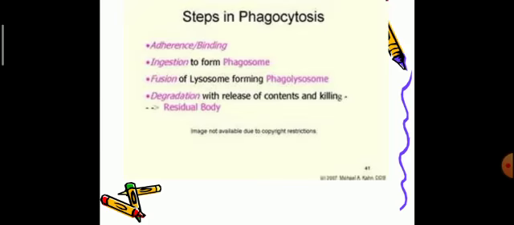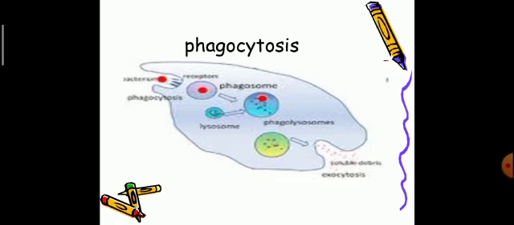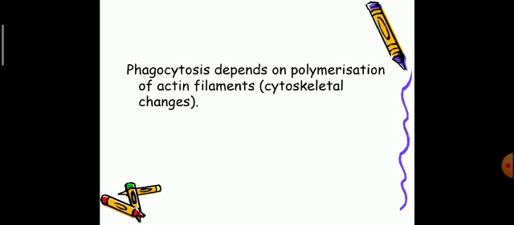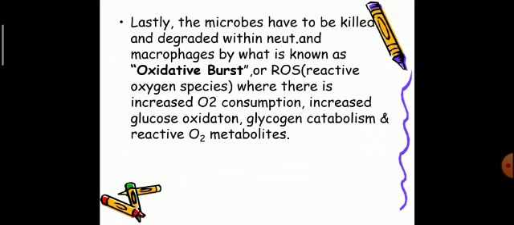Steps in phagocytosis, that is adherence or binding, ingestion to form phagosome, fusion of lysosome forming phagolysosome, degradation with release of the contents and killing, and the residual body. So this is phagocytosis, the picture showing how the cell engulfs the particle and kills it. Phagocytosis depends on the polymerization of actin filament, cytoskeletal changes.